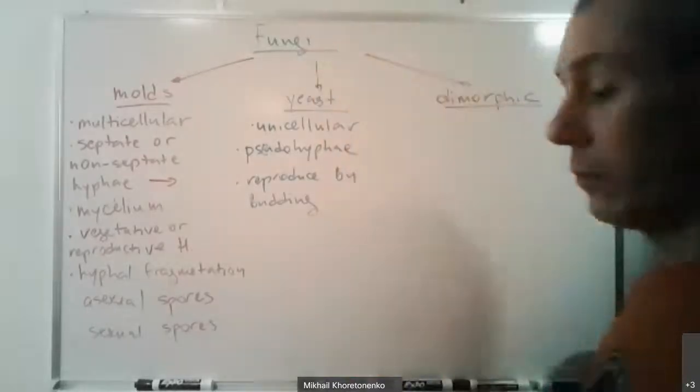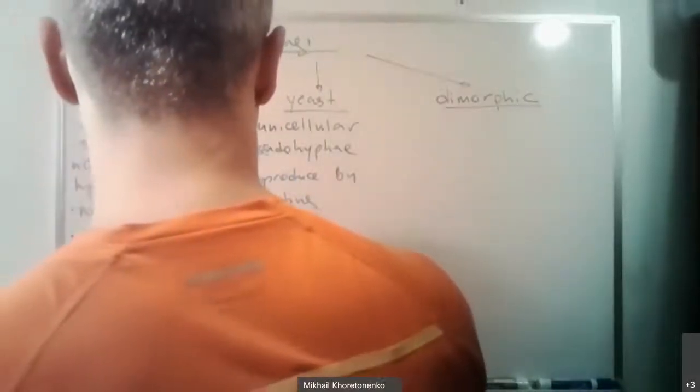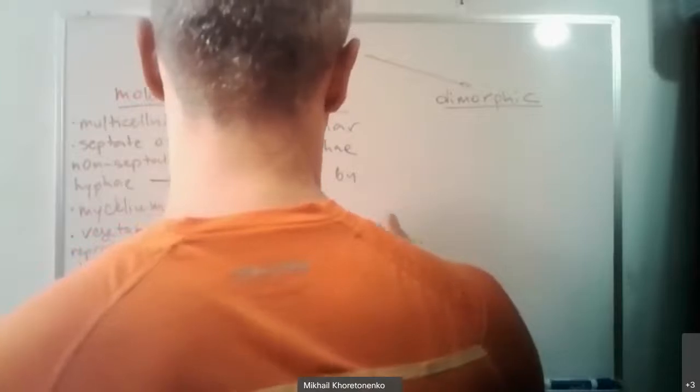Other strategies for the yeast reproduction include also asexual and sexual spores.